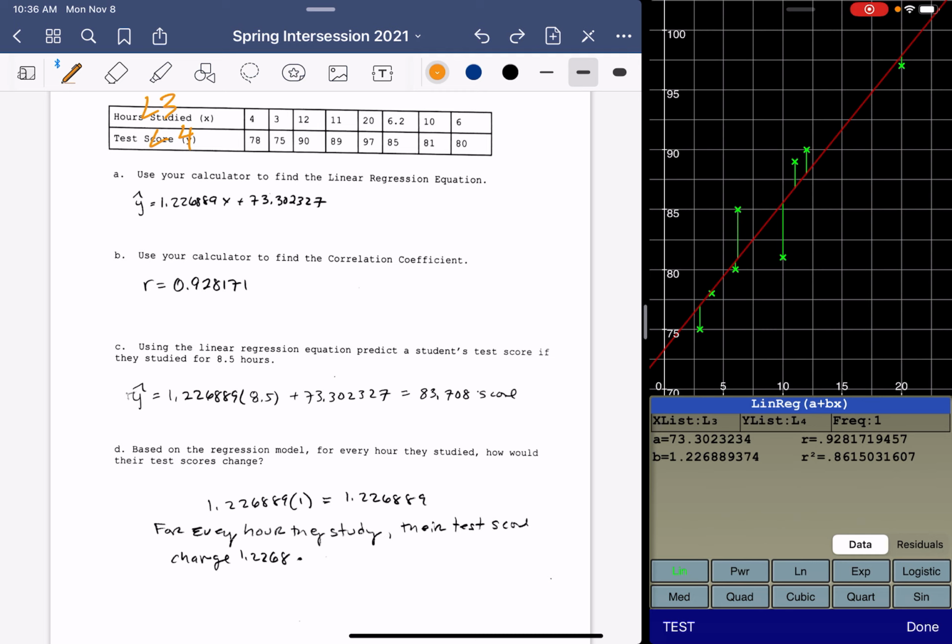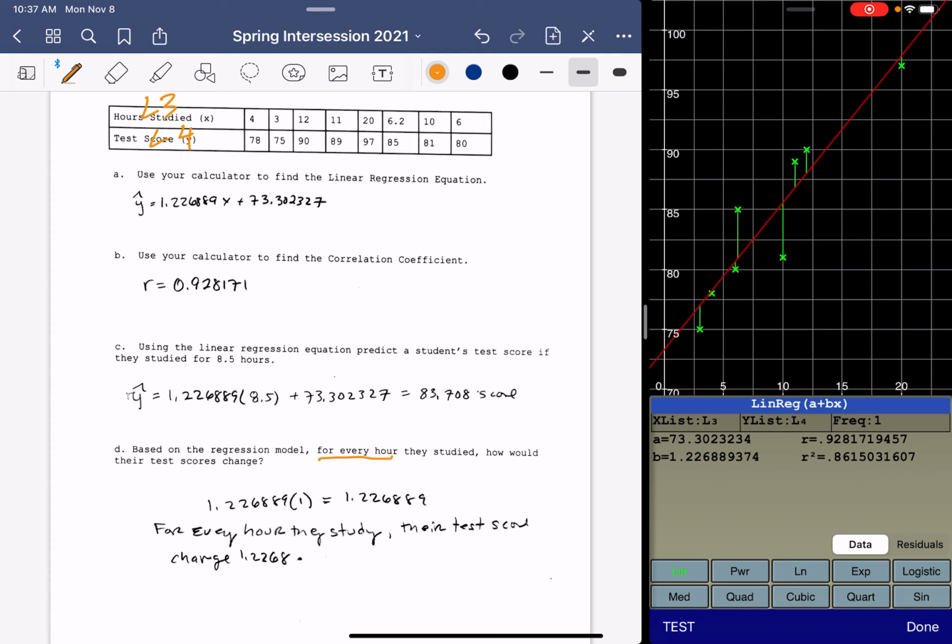When you have a problem like this, and it says based on the regression model for every hour, it means what happens every single hour, right? Not what happens the first hour, the second hour, the third hour, the fourth hour.